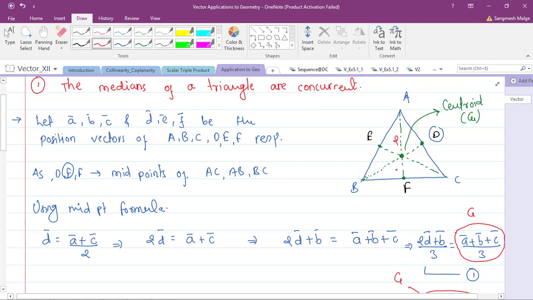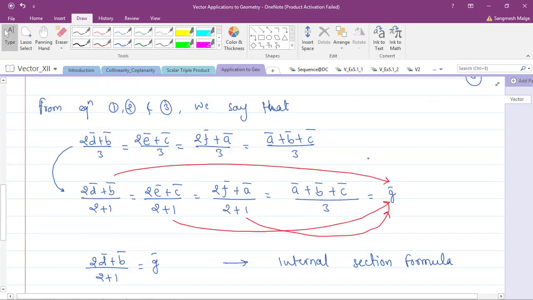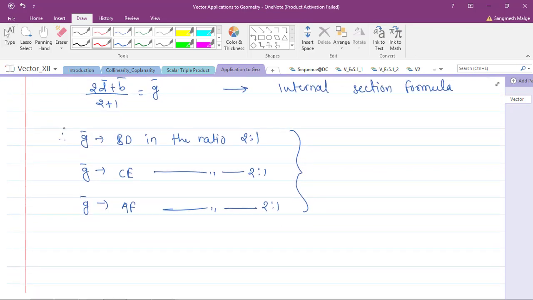So it is 2:1, 2:1, and again 2:1. So the same point G is dividing all three medians. That's why we say that, therefore, all the medians are concurrent.